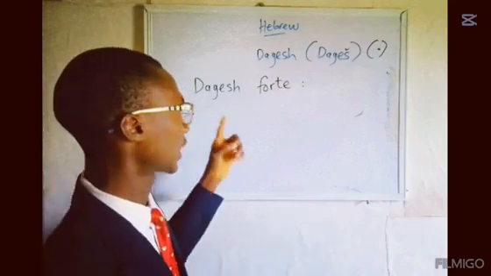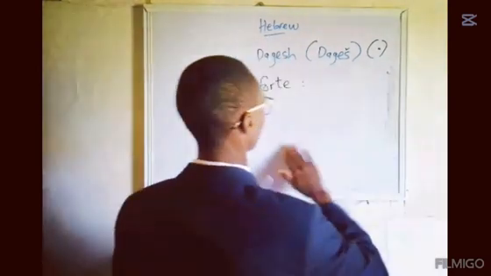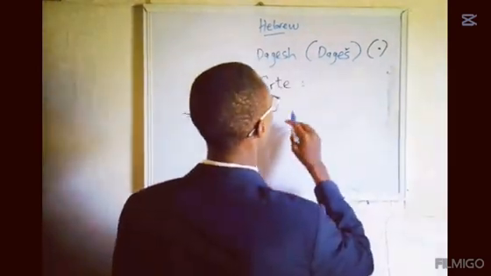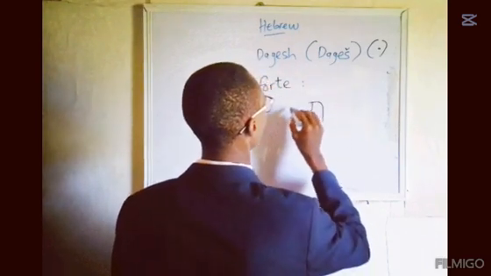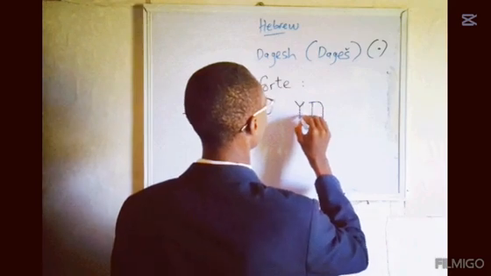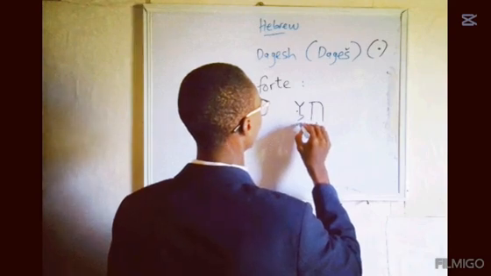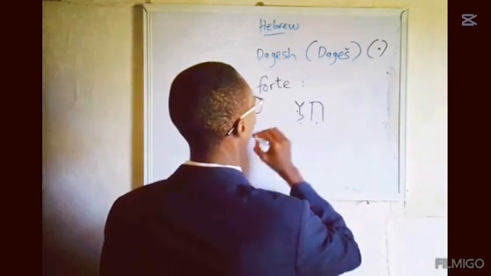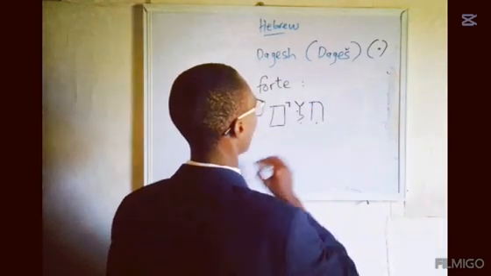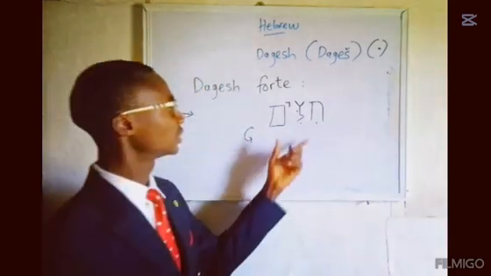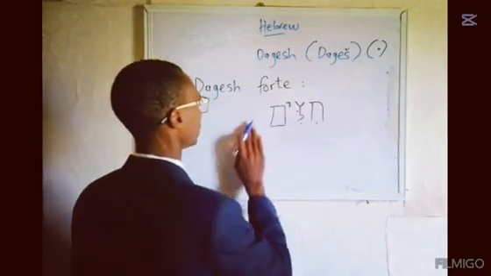So you can see Dagesh Forte there. And for instance, we have a word like this, which in Hebrew means arrows.